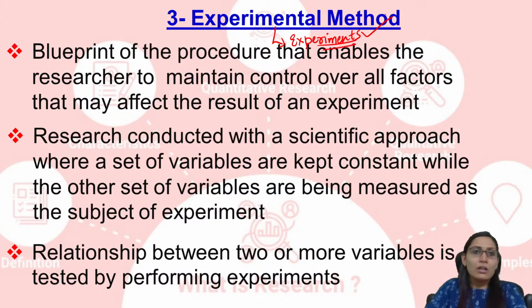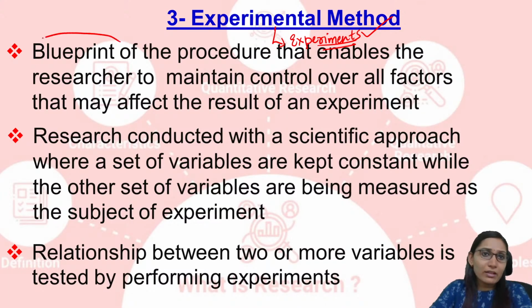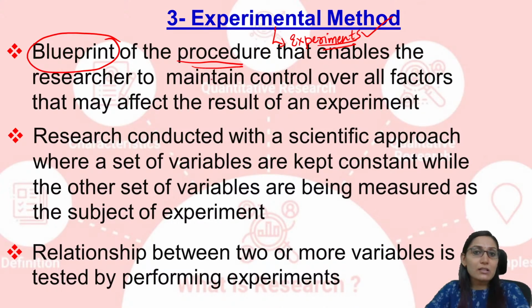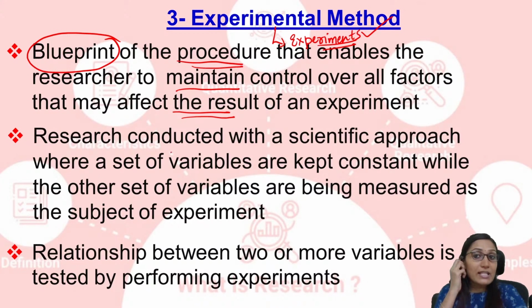So it's a blueprint of the procedure that enables the researcher to maintain control over all factors that may affect the result of an experiment. Research conducted with a scientific approach.